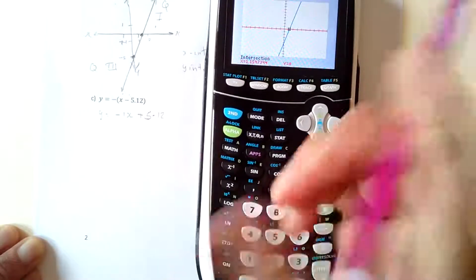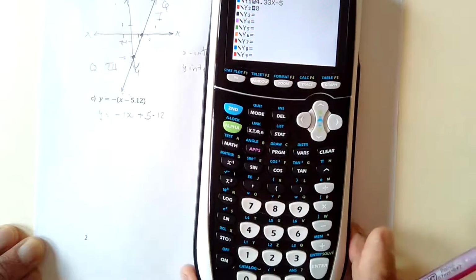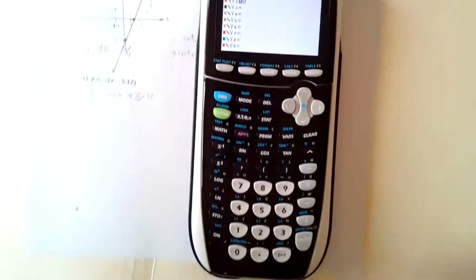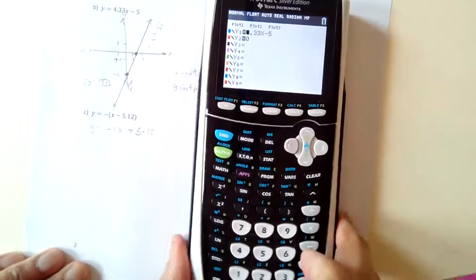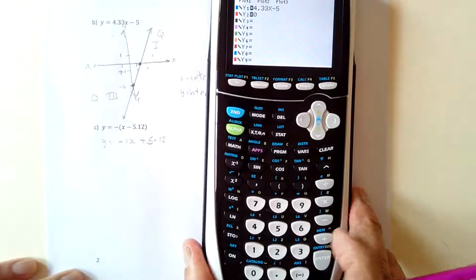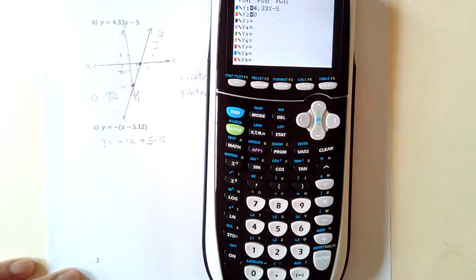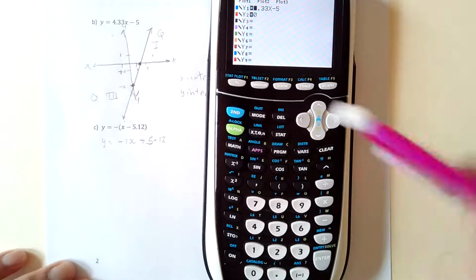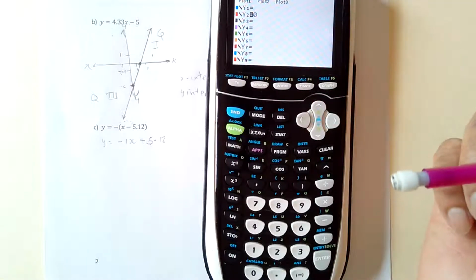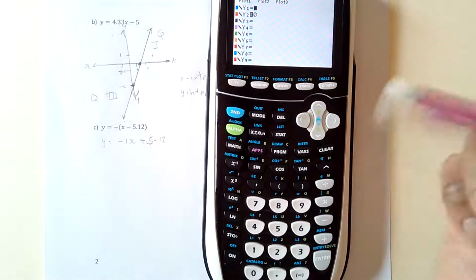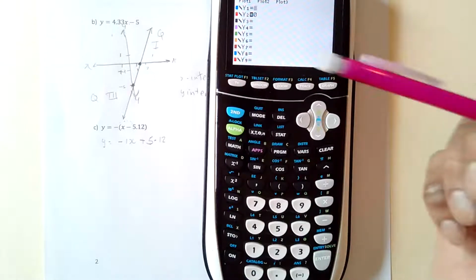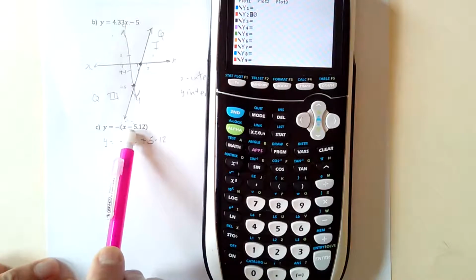So let's go to our y equals button. Zoom out a little bit here. Clear. Remember I told you do not remove the y2 equals 0, because it will be used repeatedly whenever you're finding the x-intercept. So enter the equation exactly as you have here.